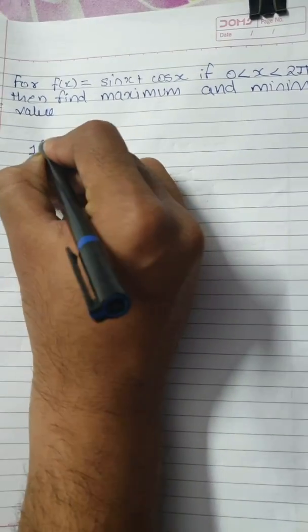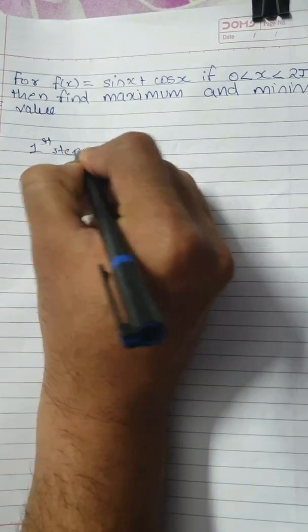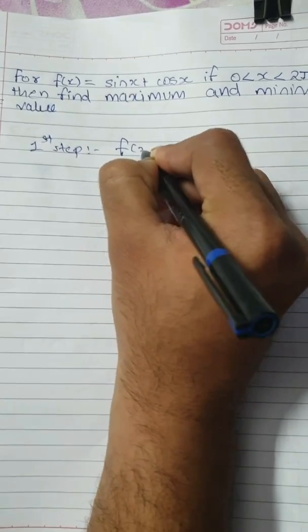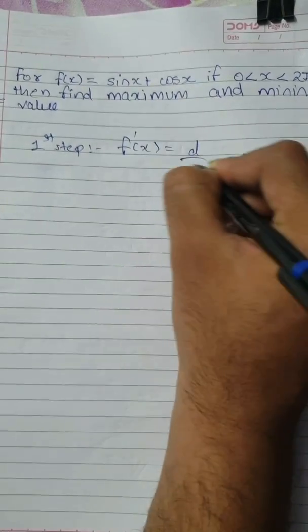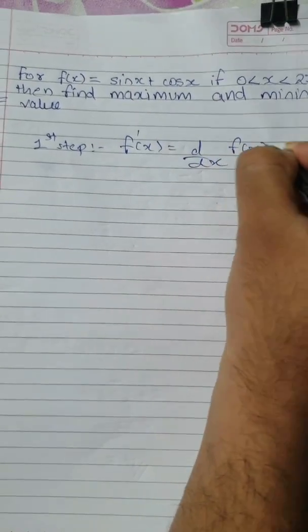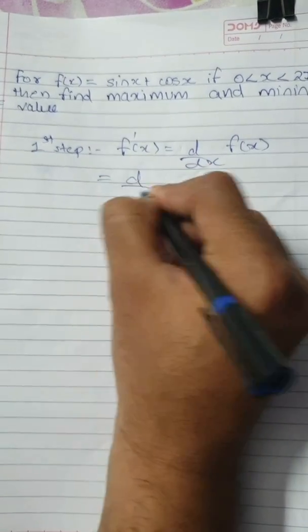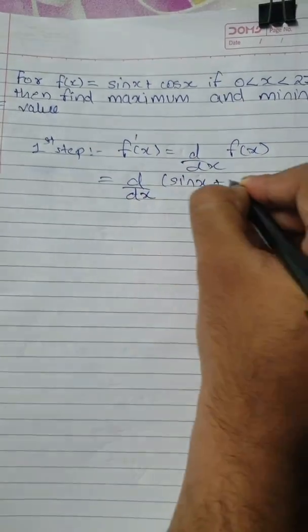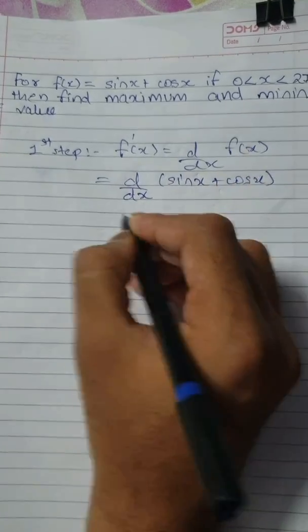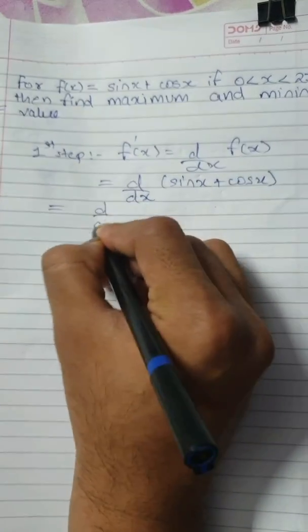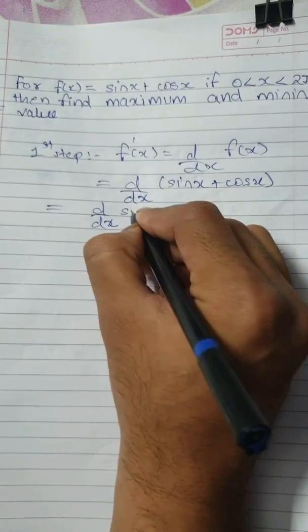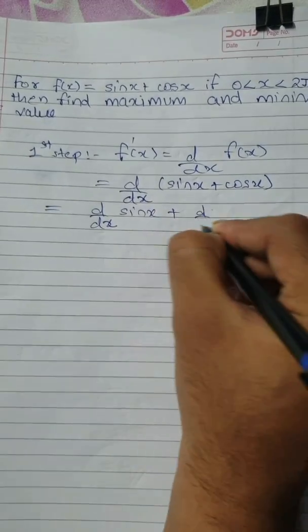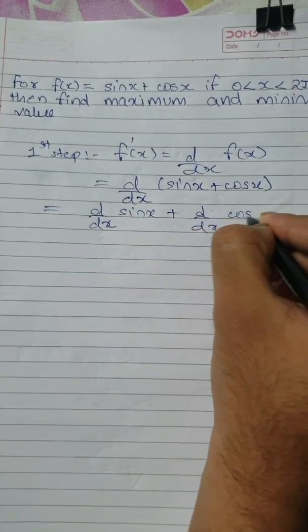First step, you have to differentiate it with respect to x, that is d by dx of sin x plus cos x. We have to individually differentiate sin x as well as cos x.